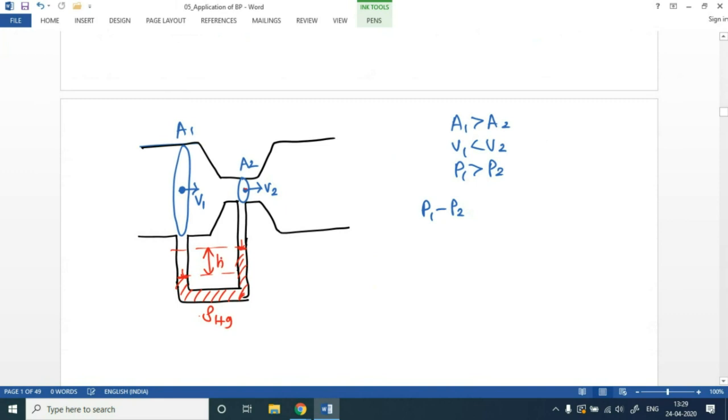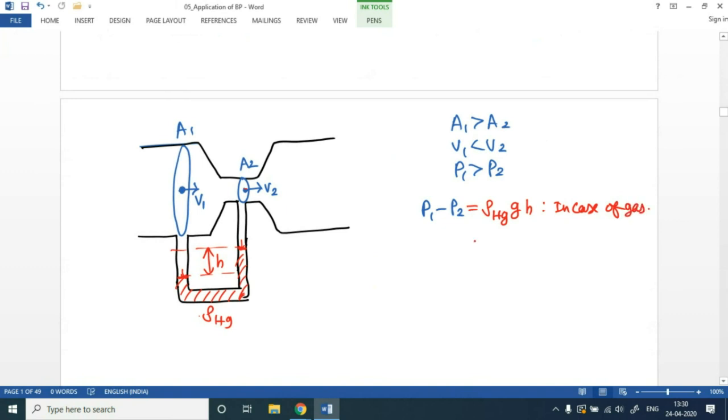So for this relationship P1 minus P2, like I already mentioned in the case of the Pitot tube, it is going to be rho Hg into g into h, that is in case of gas.